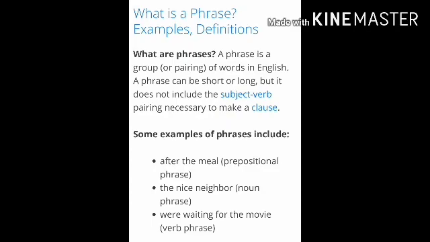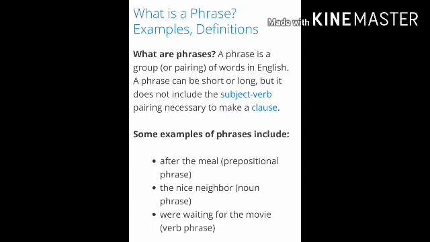Verb means the action done by the subject. But this phrase will not have a subject and verb pairing, right? So it doesn't have the combination of subject and verb in that group of words. Okay. So now let us see some examples and we'll be more clear.